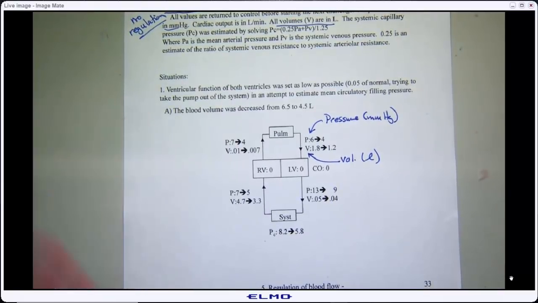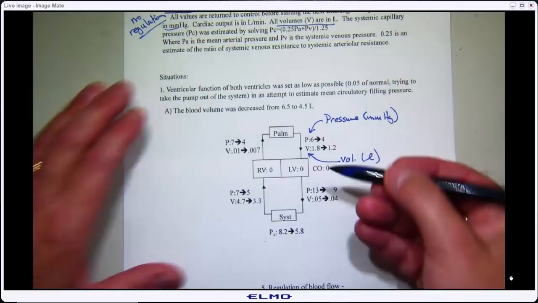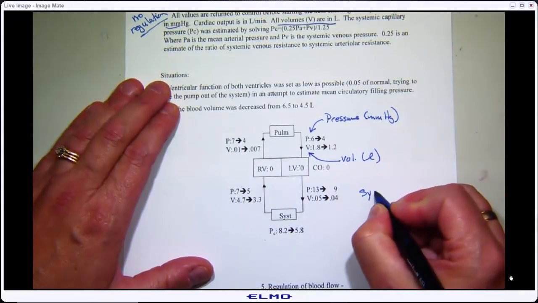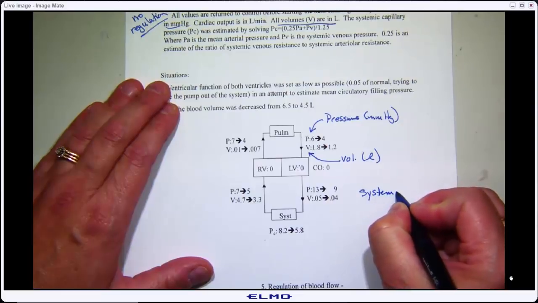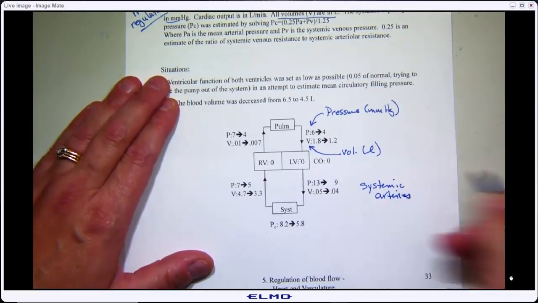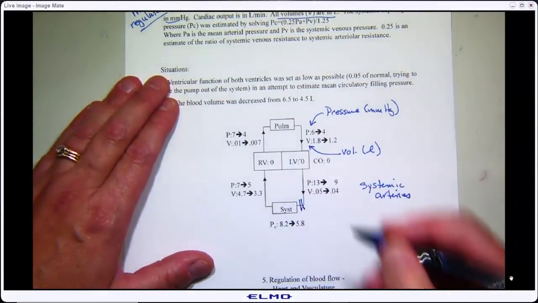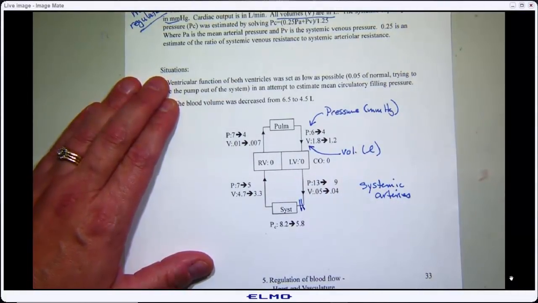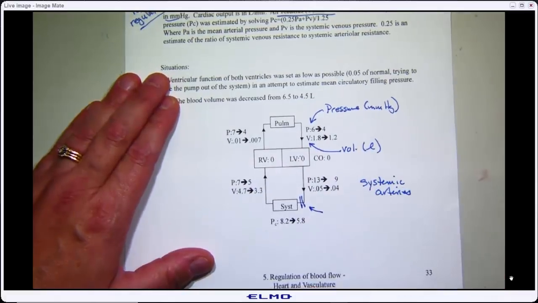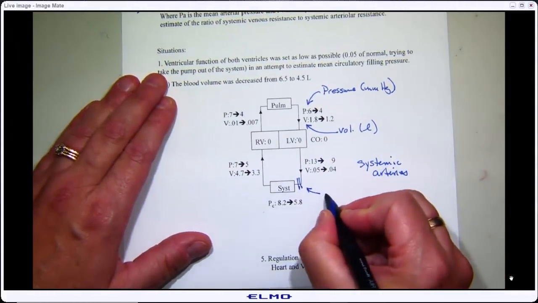And then we have the different compartments that we've known: after the left ventricle, we get ourselves into systemic arteries. Okay, we talked about resistance. When we threw resistance into the system, those arterioles, we talked about it kind of right there, that spot, resistance.